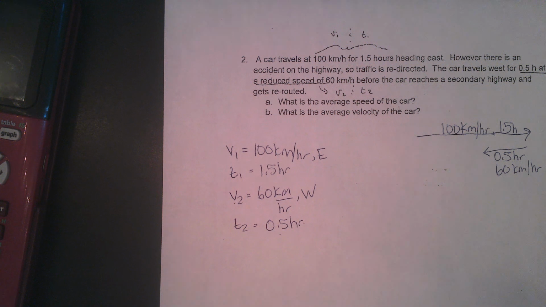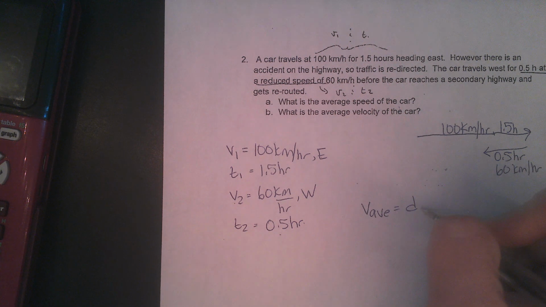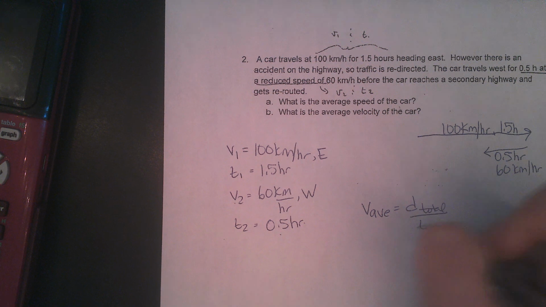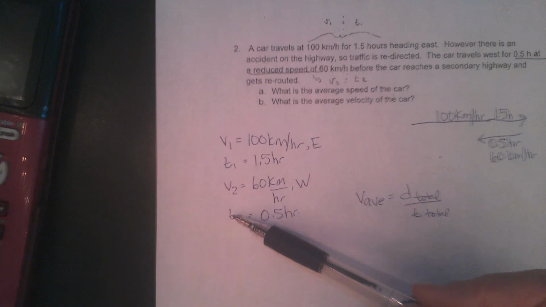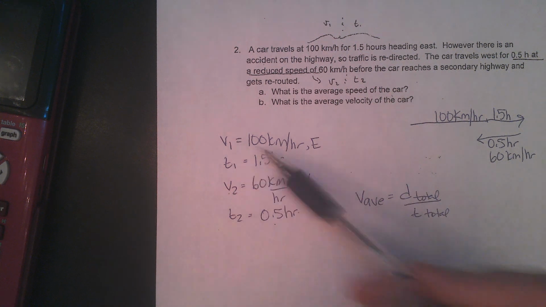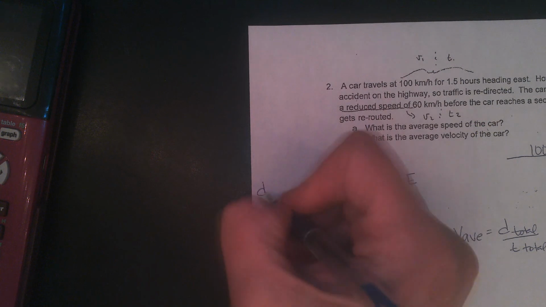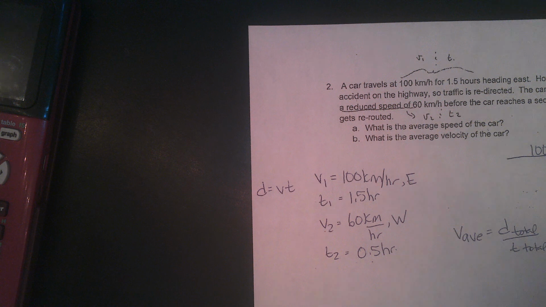The question is asking us to calculate average speed, and we know that V average is equal to distance total over time total. And so when I look at my list of what I know, I don't have distances. So I need to solve for distance 1 and distance 2. So distance is going to be equal to velocity times time.